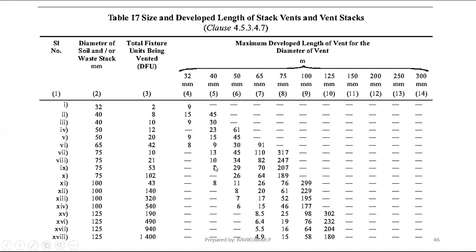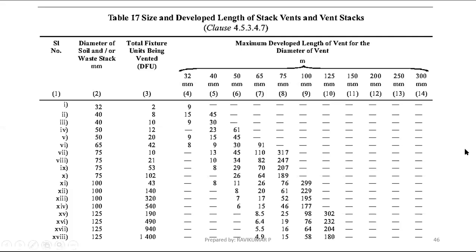Then you have to see how much pipe length. If I connect 40 mm, I can go only 8 meters, and 8 meters is not sufficient for us, so you have to remove that. If you go 50 mm, you can take 29 meters. That's why you have to connect 50. With 50 you can run up to 29 meters. Within 29 meters, you should reach the vertical header to connect the vent.